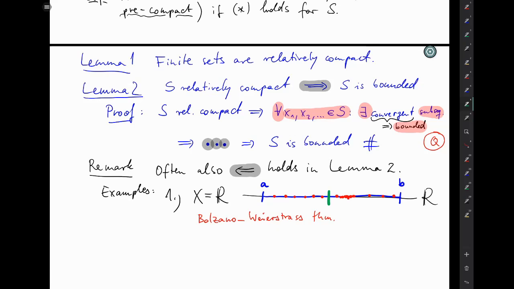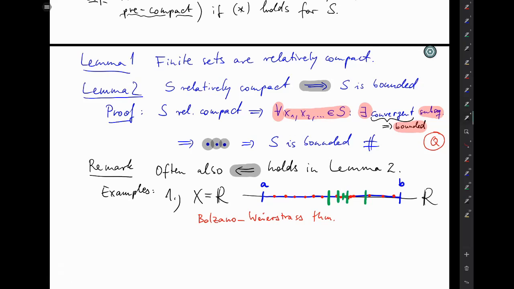In this case, it's probably the right half. At least it looks like it. I didn't exactly draw infinitely many points, but you know what I mean. Let's again divide that in half, and then again in one of the two halves there are infinitely many points, and that one we again divide in half, and then in one of the two halves you have infinitely many points. Again divide, divide, divide, ending up with smaller and smaller intervals that still contain infinitely many points from your sequence.